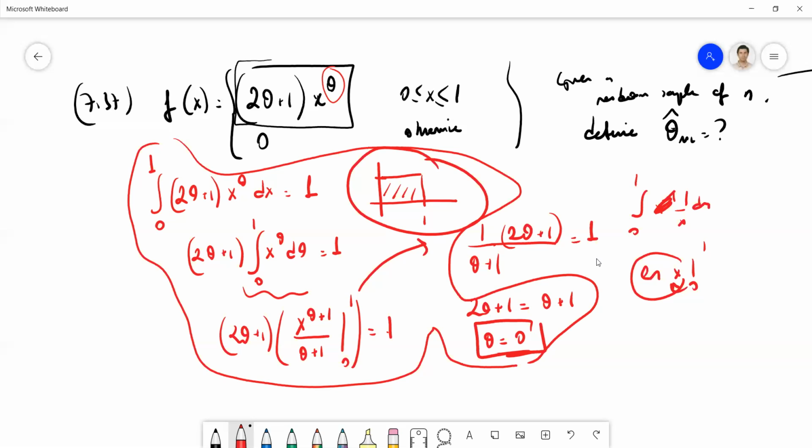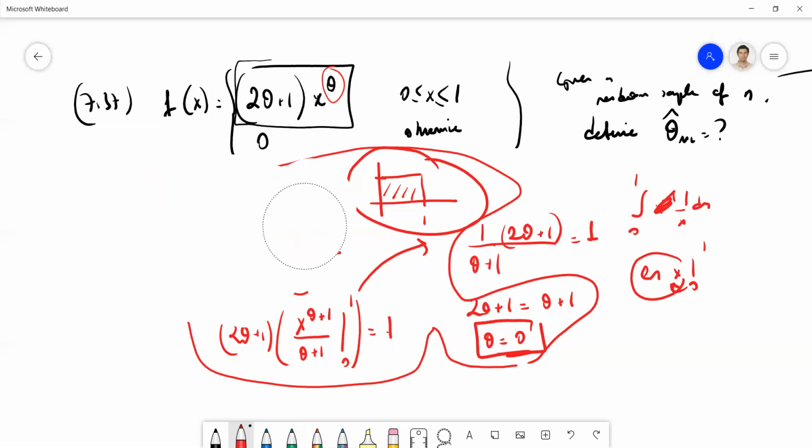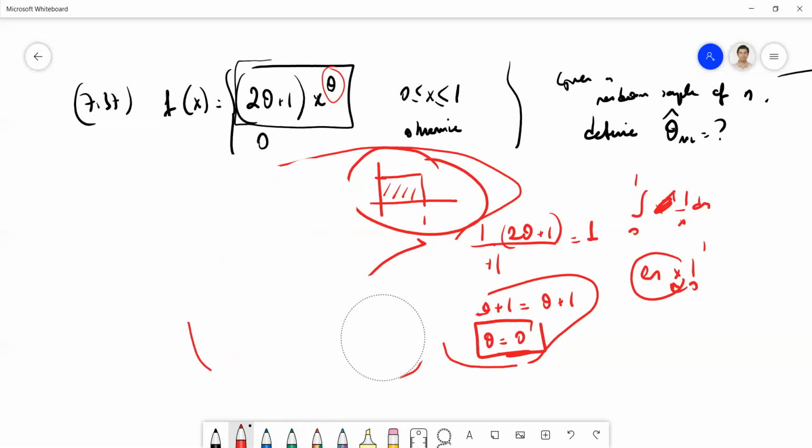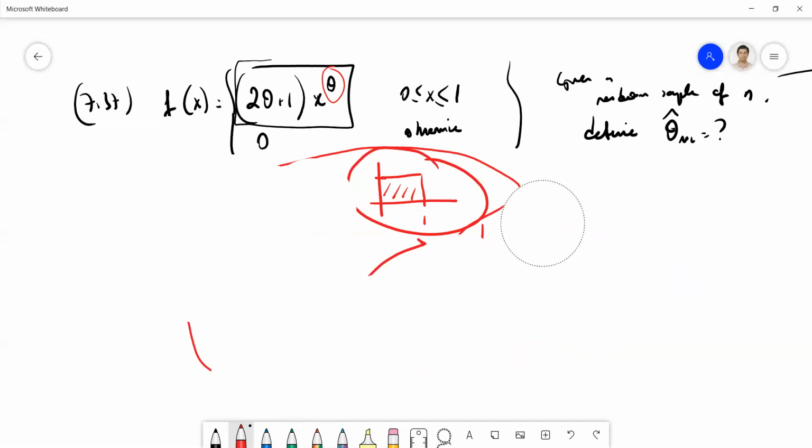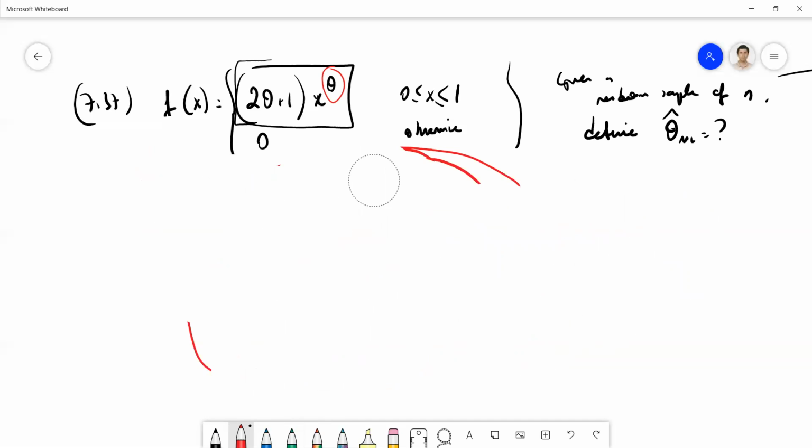But in any case, let's try to solve this question using the maximum likelihood estimator and let's see where it is going to go. Maybe we are going to obtain the very same solution, which I pretty much doubt, because maximum likelihood does not use any information related to that constraint on the probability density.